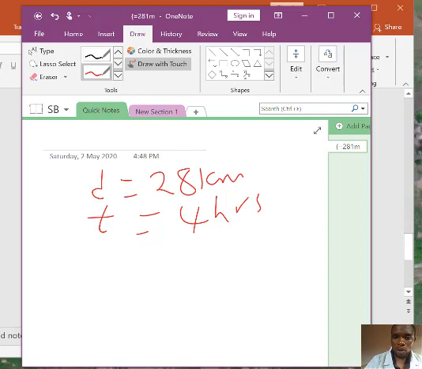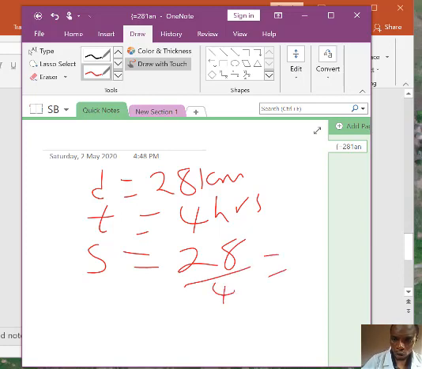And we're told to calculate first the speed in kilometer per hour. So speed equals distance over time, which will be 28 divided by 4. This will give us 7 kilometer per hour.